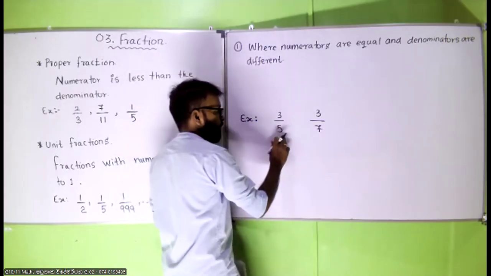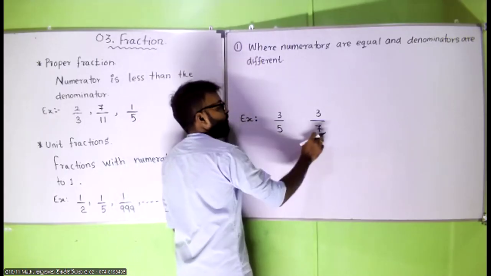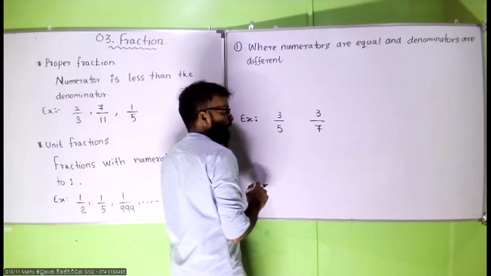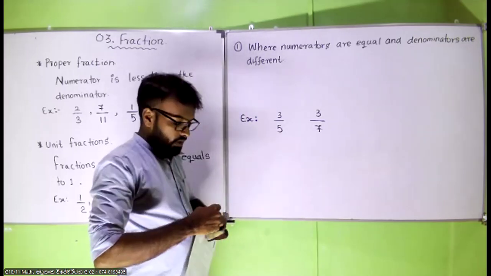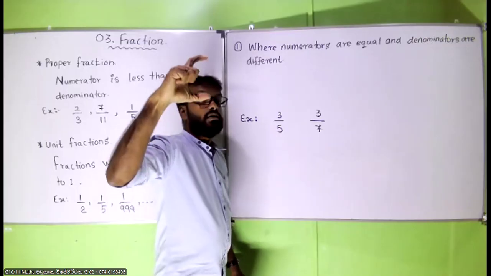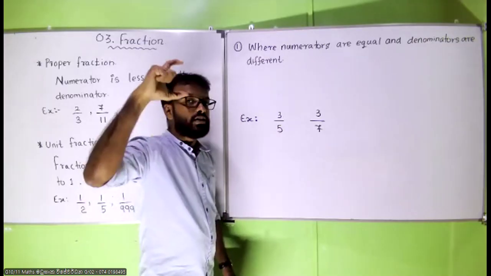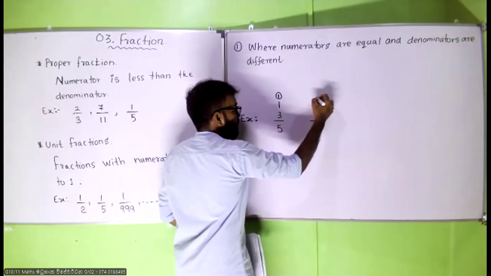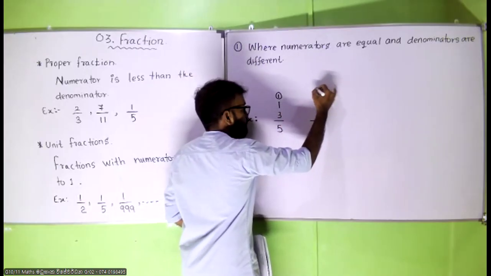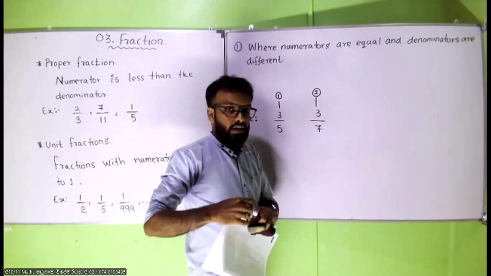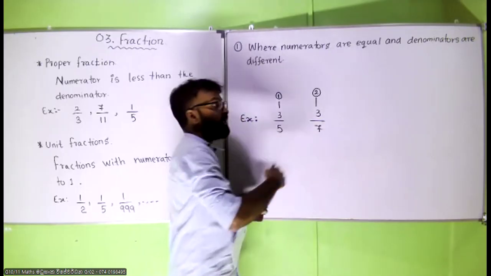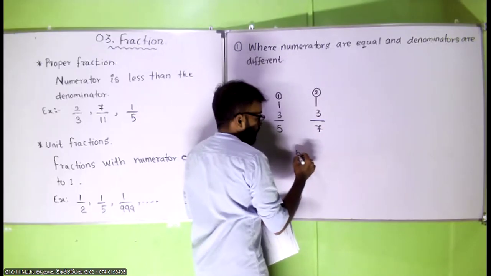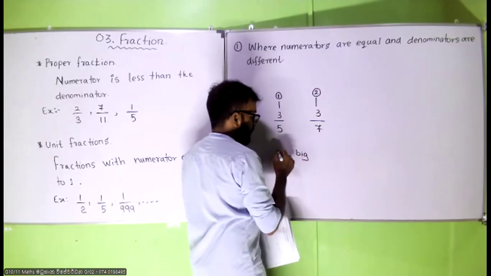So when you compare these two fractions together, can anyone tell me which fraction is the biggest one? Which fraction is the largest one? Is it the first one or the second one? Please put a message, which one is bigger?